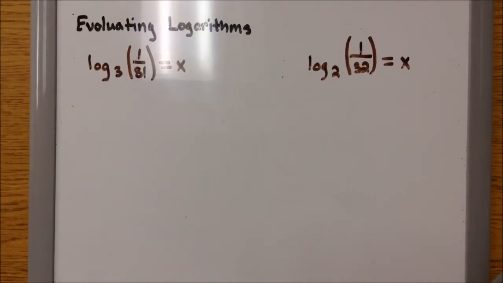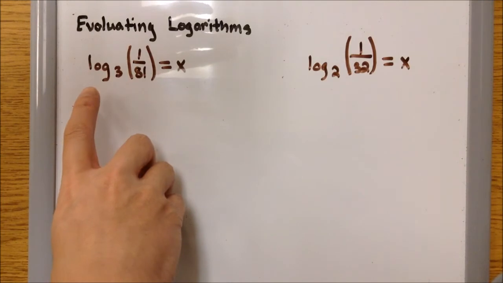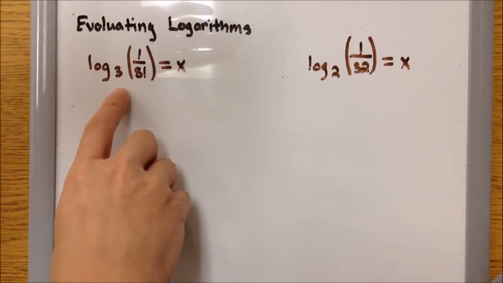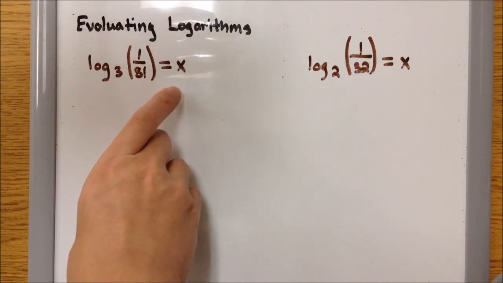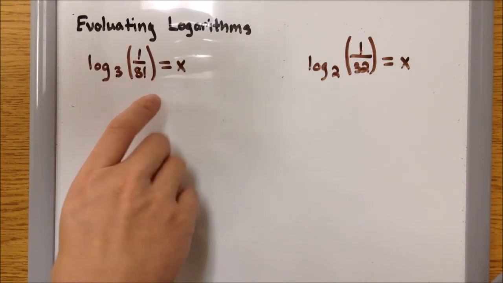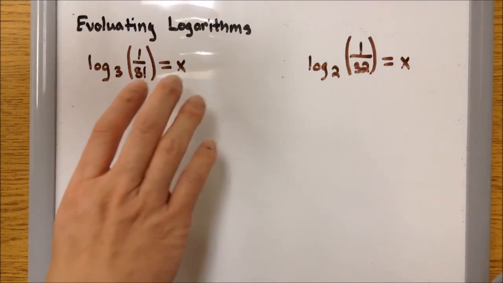Alright, same process, evaluating logs. Before, we worked with whole numbers. Now we're going to work with fractions. In our fourth example, it's log base 3 of 1 over 81 equals x. Since we're working with a fraction, it doesn't change anything.